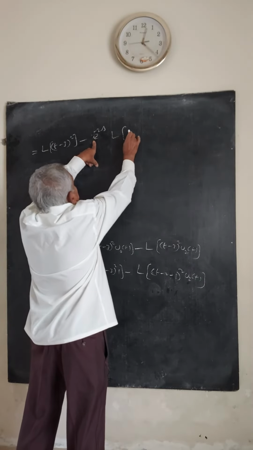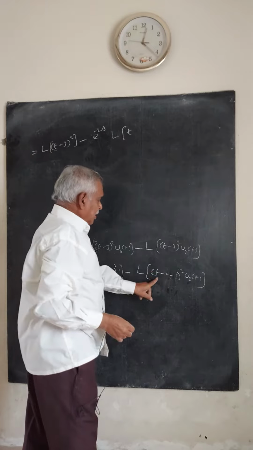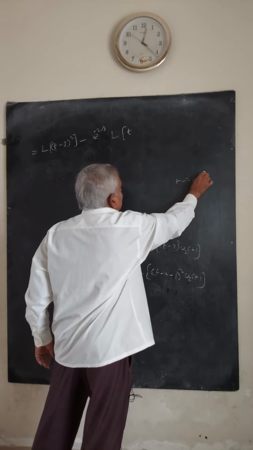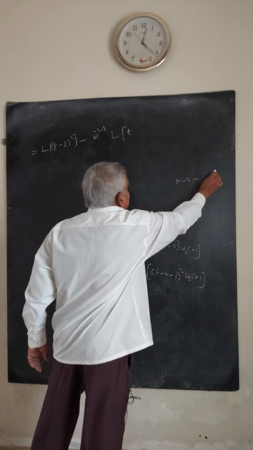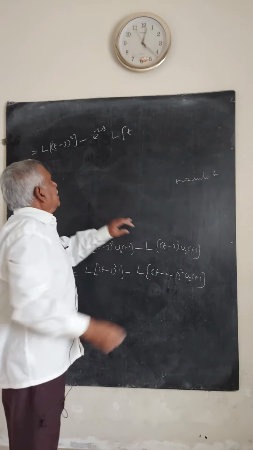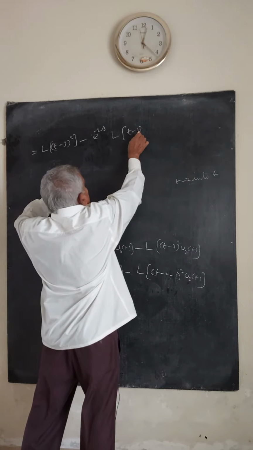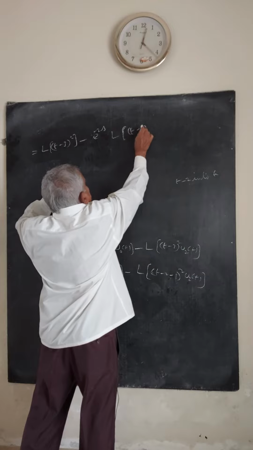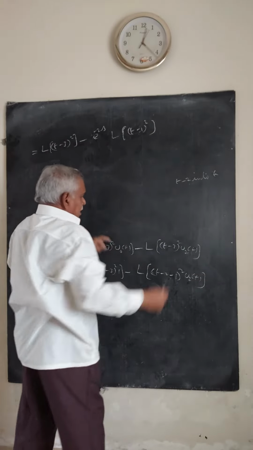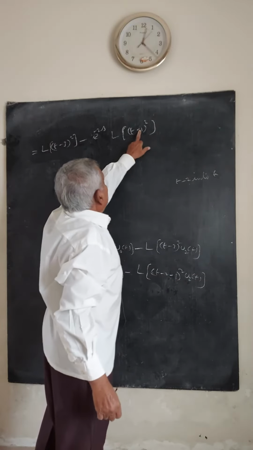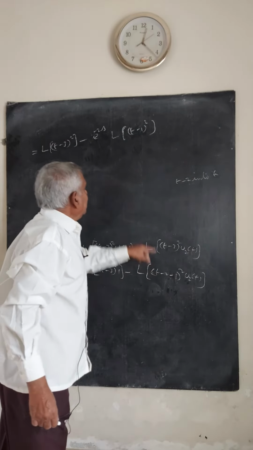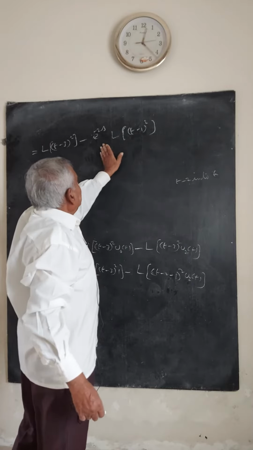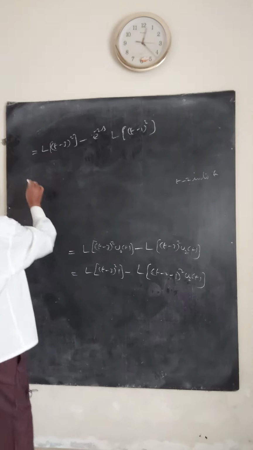L of t minus 2 changed into t. We are changing t minus 2 to t. Therefore, t minus 1 whole square, here u of 2t, we are writing e power minus 2s outside. If you take the Laplace transform, finally this is the answer.